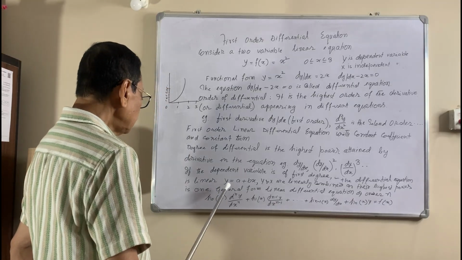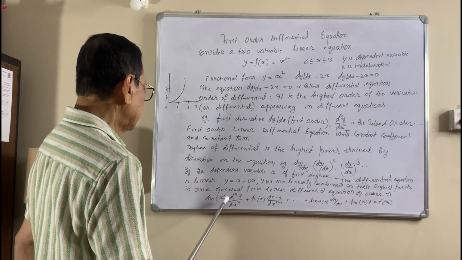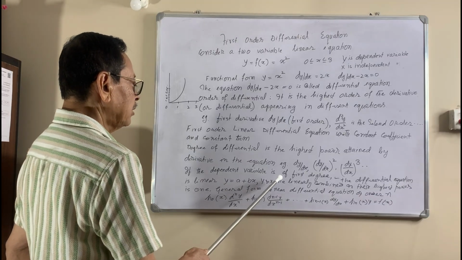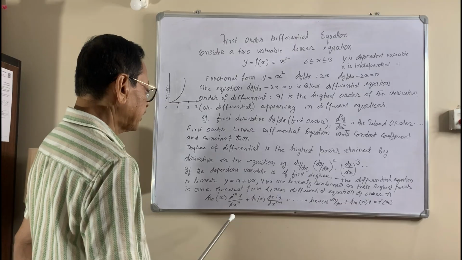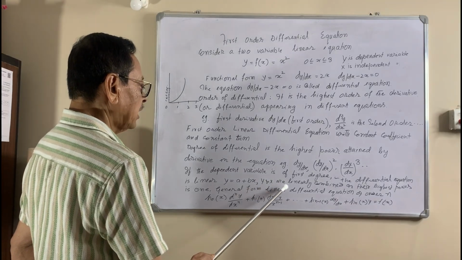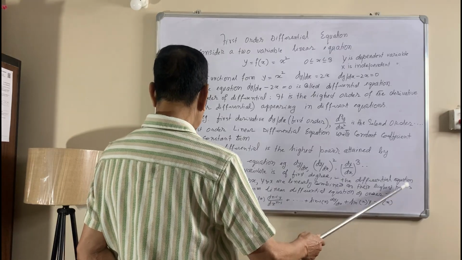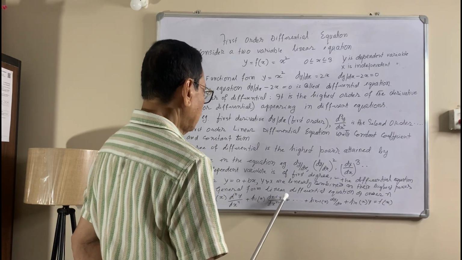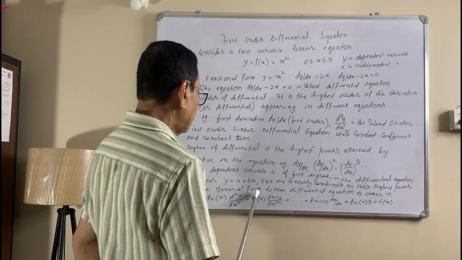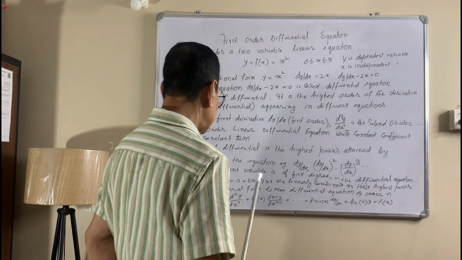So a differential equation is linear when the dependent variable is of first degree. So y is equal to a plus bx. y and x are linearly combined as their highest power is 1. Now the general form of a linear differential equation of order n, how is it written?